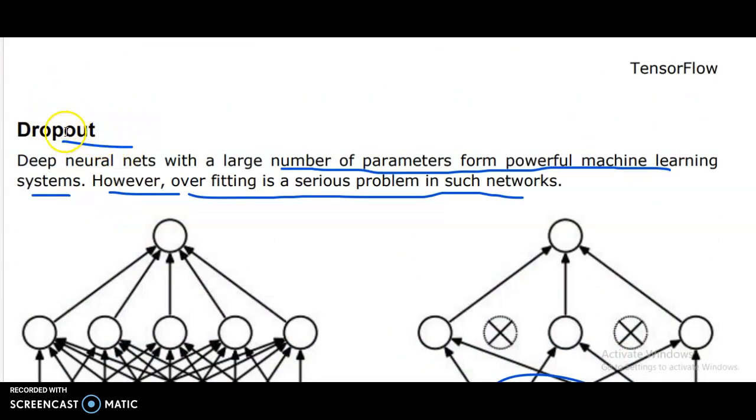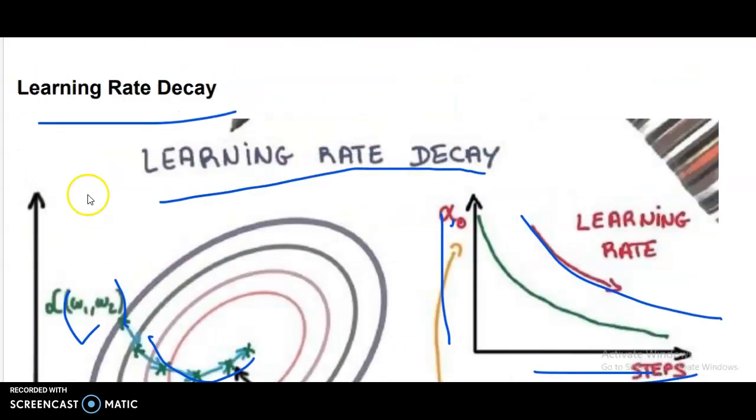Dropout. Learning rate. Example. Let's see.